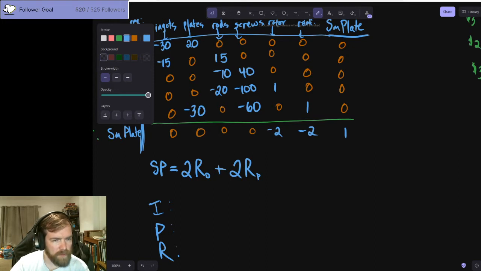Assembler, but I also want the assembler. Smart plating. Reinforced iron plate.